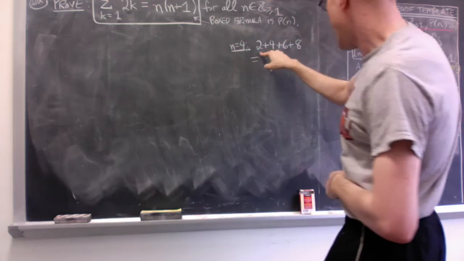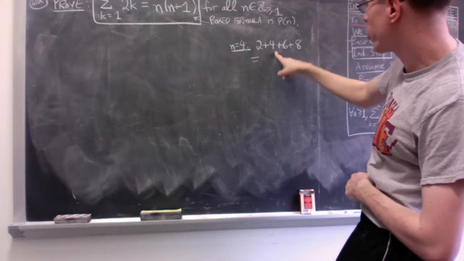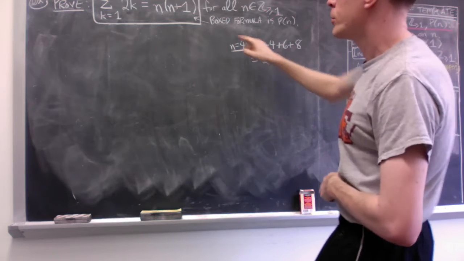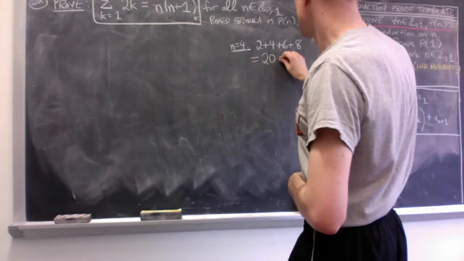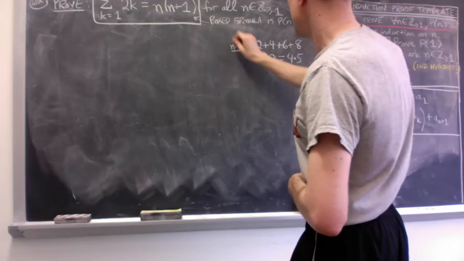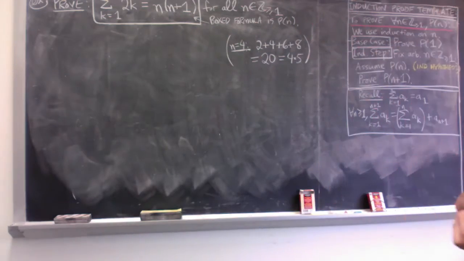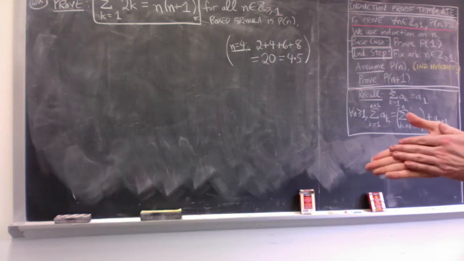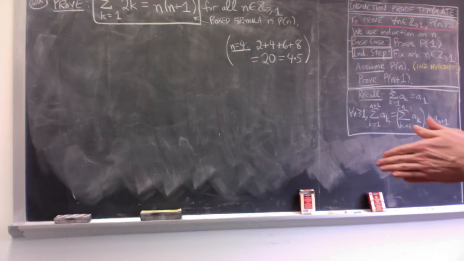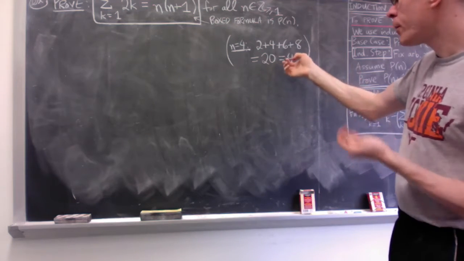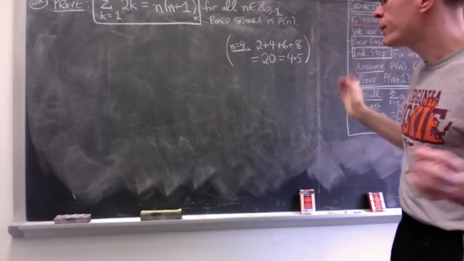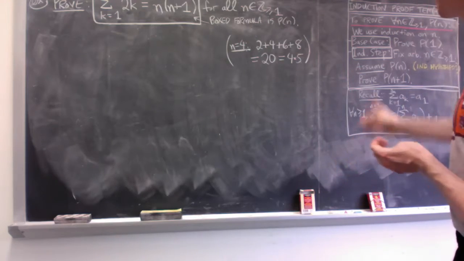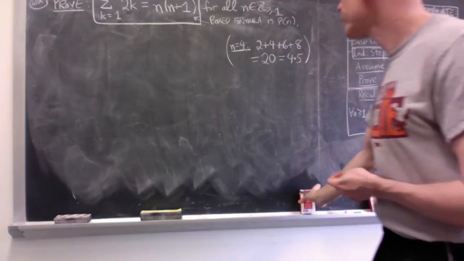If you just calculate that, you get 20, which is, in fact, 4 times 5. Just as a little example of what the formula is telling you. It's adding up positive even integers. But we just proved it for 4, and that doesn't work for proving infinitely many instances of this formula. You've got to do induction.